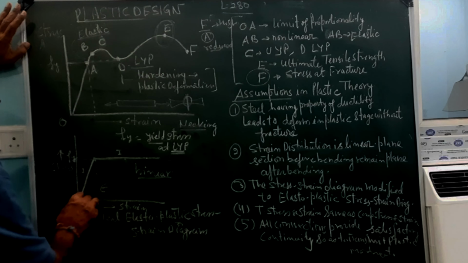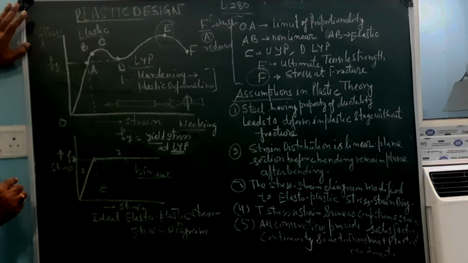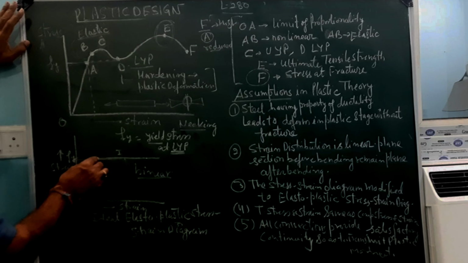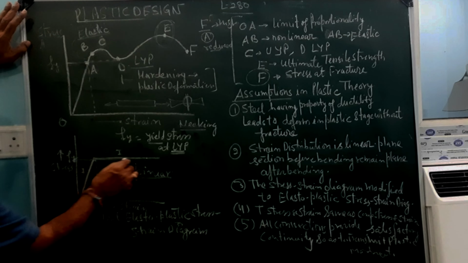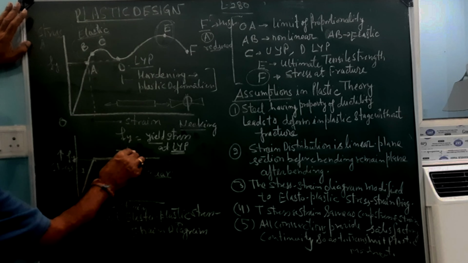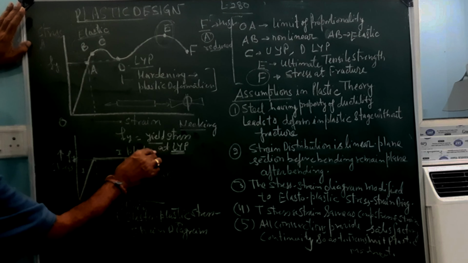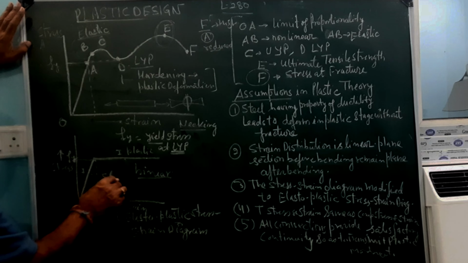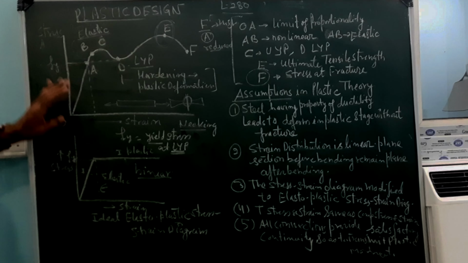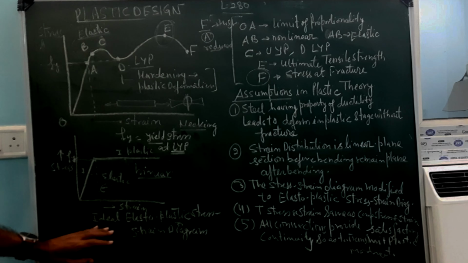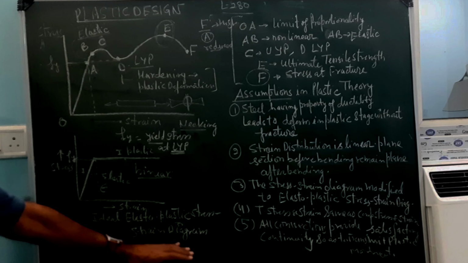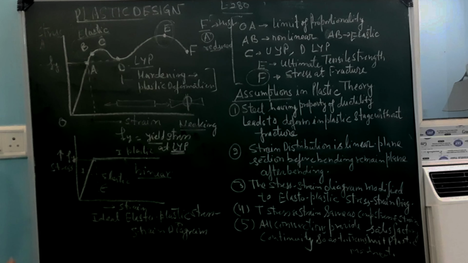This depicts the elastic behavior, this is the elastic strain, and this is the plastic behavior. So elastic and plastic, both behaviors are linked in this modified stress diagram. This is the ideal elastoplastic stress strain diagram.